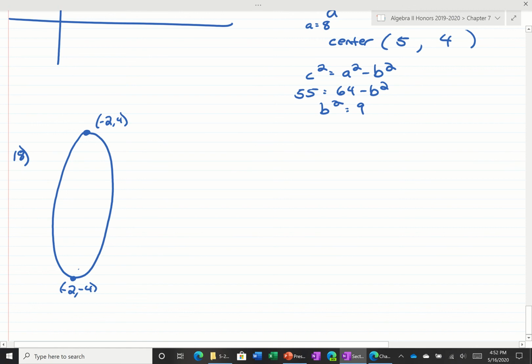And we have foci. The foci would be -2 and then 2 root 3. And then this one would be -2 and then -2 root 3. So because it's vertical, it's going to look like this.